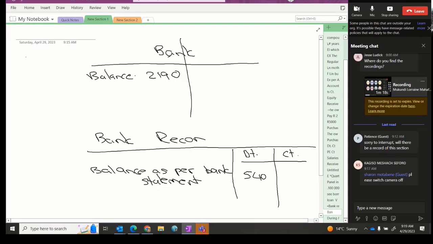Are you going to change your bank account or are you going to change the bank recon? Where do you think the change must come? Where must you change something? If it was paid directly into the bank account, obviously you don't know about it and you haven't done it in your books. Do you agree?